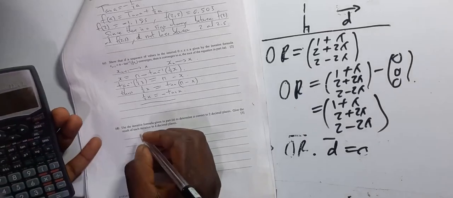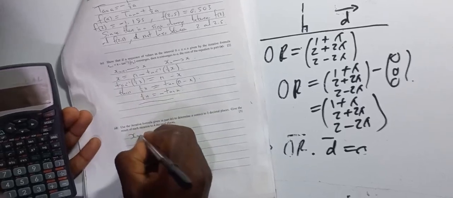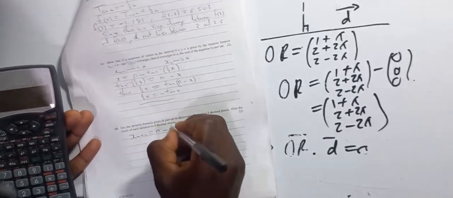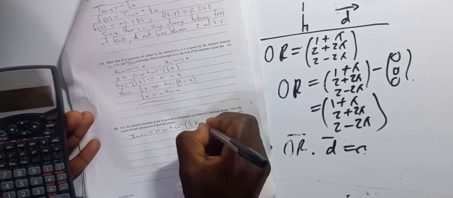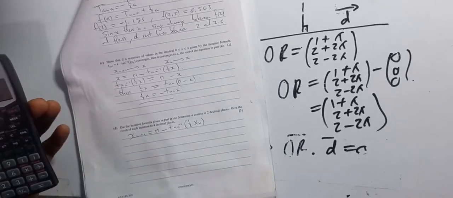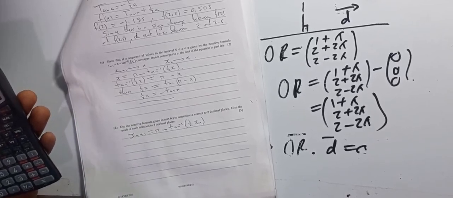So our iterative formula is x(n+1) equals pi minus tan inverse of half x(n). We are not really given the initial value.